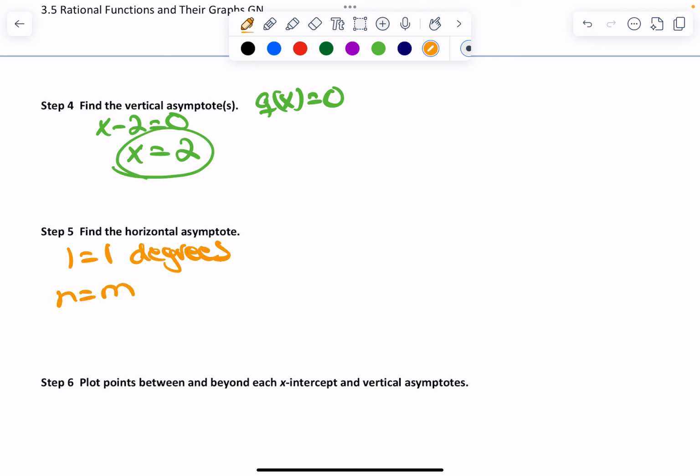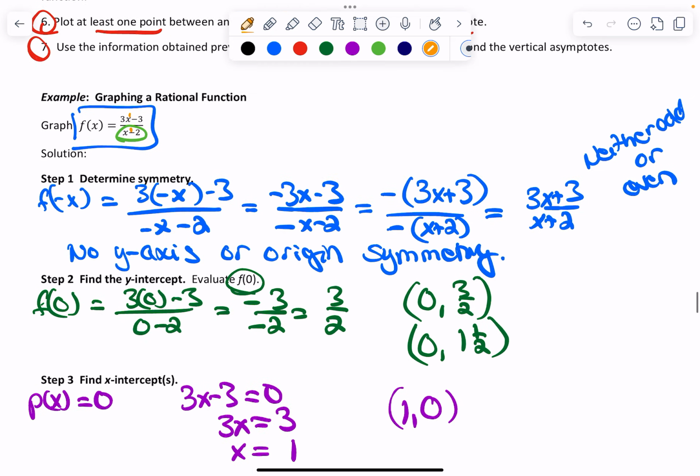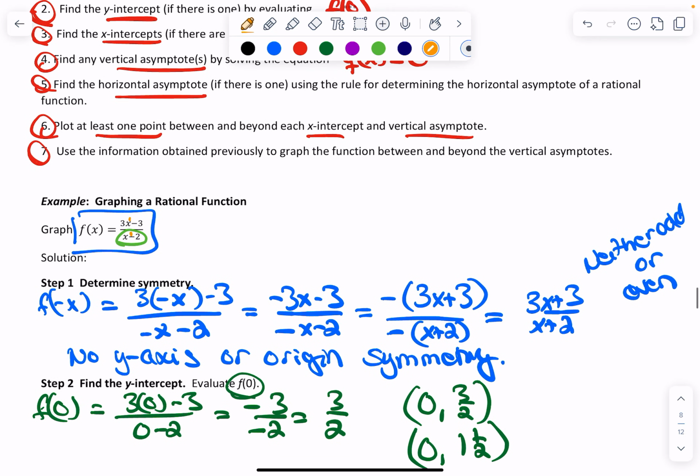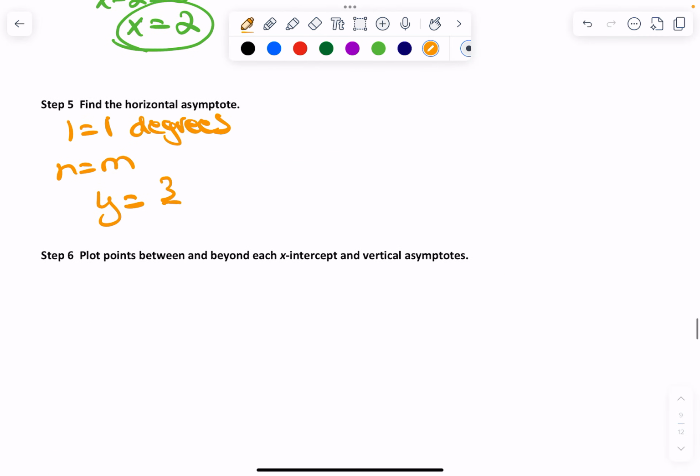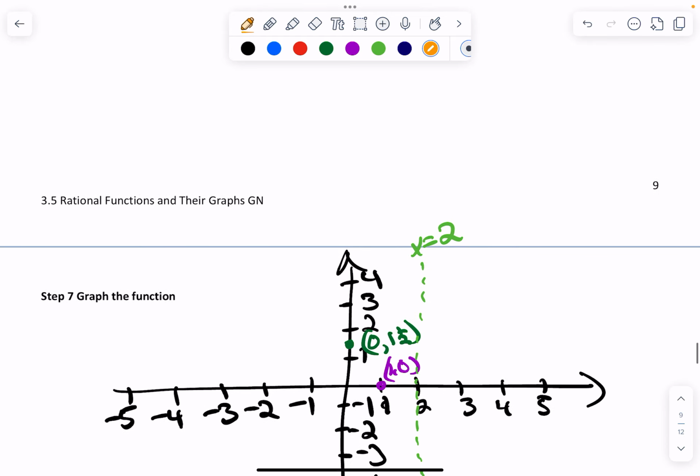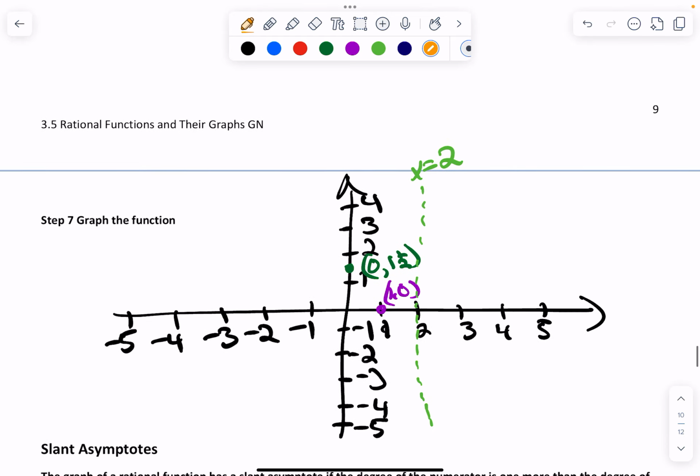That was the one where we do the leading coefficient of the numerator, which in our case is 3, and the leading coefficient of the denominator, which is 1. So 3 divided by 1 equals 3. So our horizontal asymptote is y equals 3. We're going to go ahead and plot that y equals 3 right here. There we go.